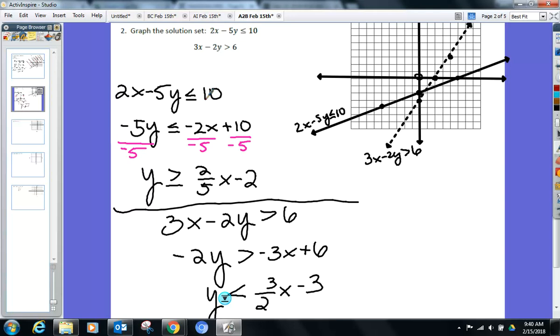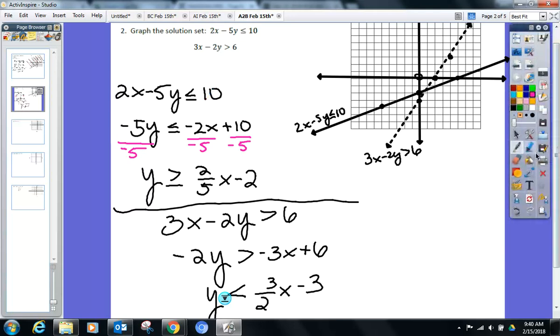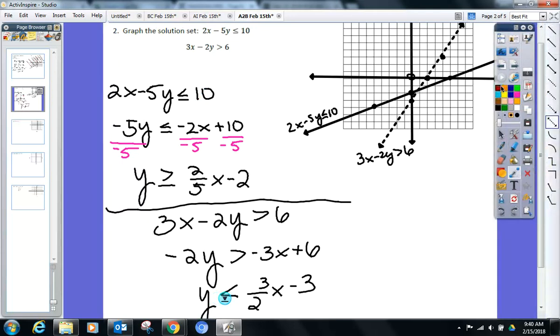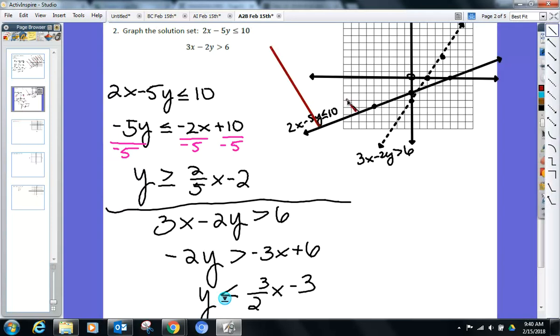Above, towards 0, 0. Go ahead. All good with shading?